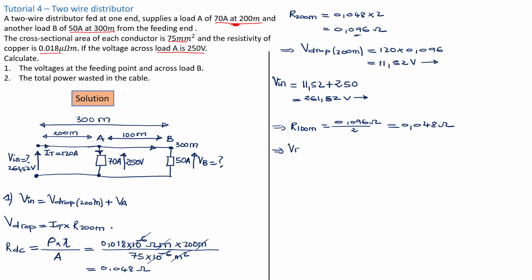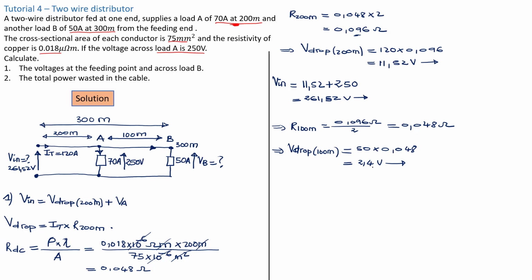V drop for 100 meters is equal to the current. The current flowing onto the 100 meters is 50 amps, so it's 50 times 0.048, and that is 2.4 volt. So we get 2.4 volt dropping on the section of the cable.